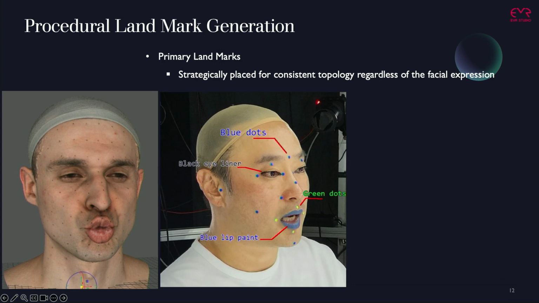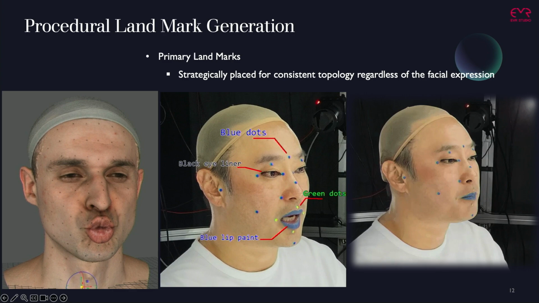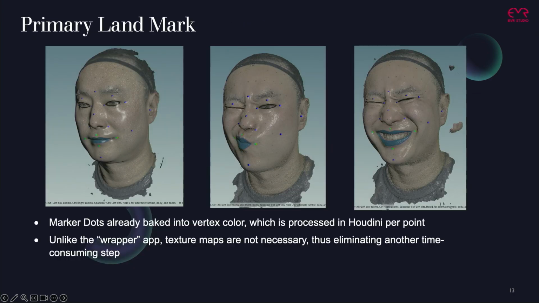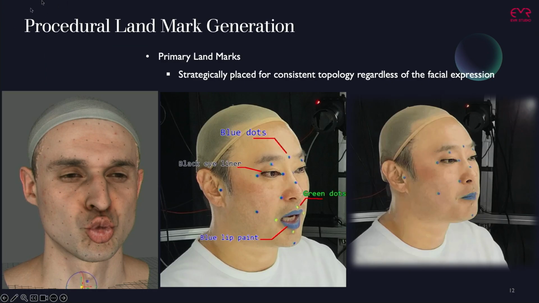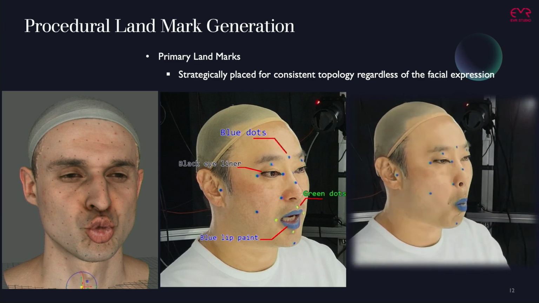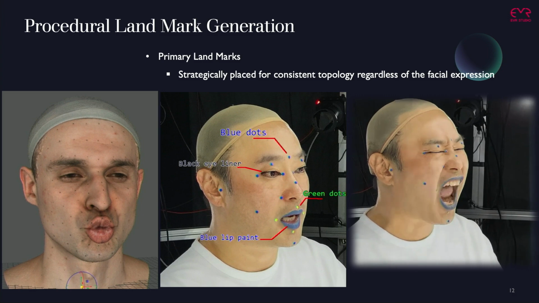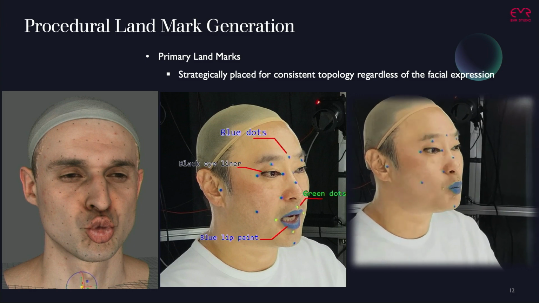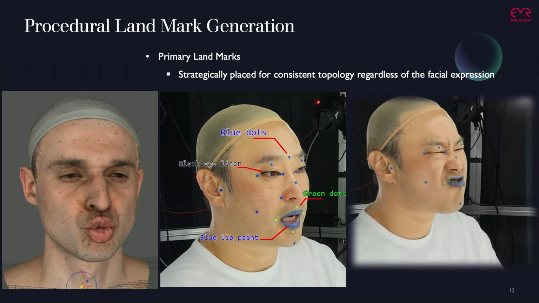More on the detailed landmarks later. The positions of the dots were determined so that even in the most extreme facial expression, the topology of the polygon formed by the points stays consistent.